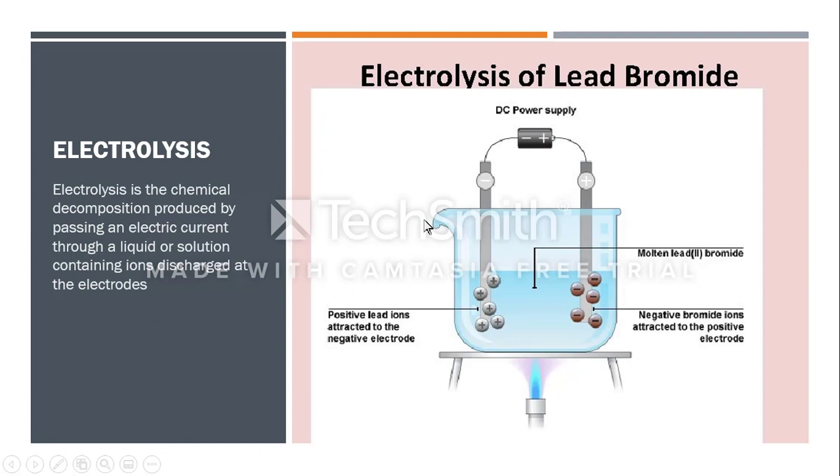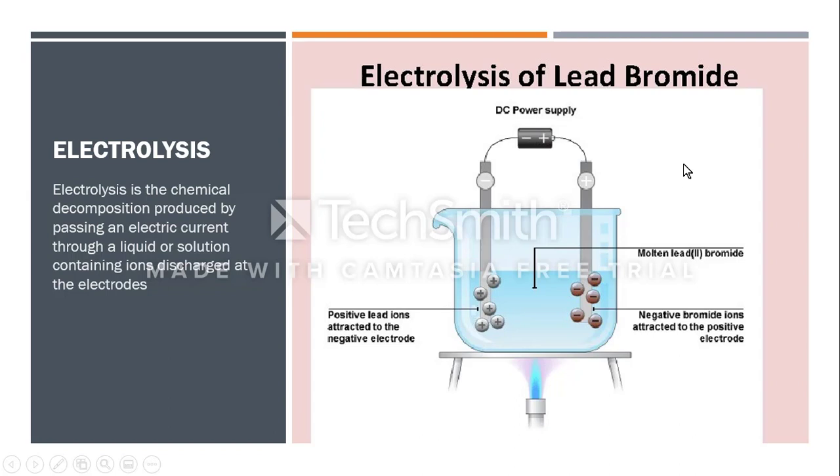It means, let's say we have an ionic compound such as lead bromide. Lead bromide is a compound and it has lead ions and bromide ions, right? So it consists of two different types of atoms. So electrolysis is the chemical process which we can use to decompose this compound into its constituent elements.